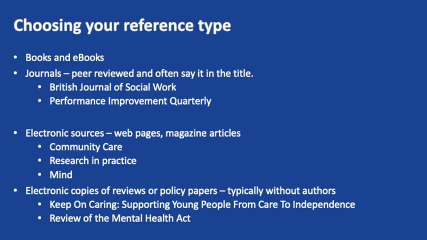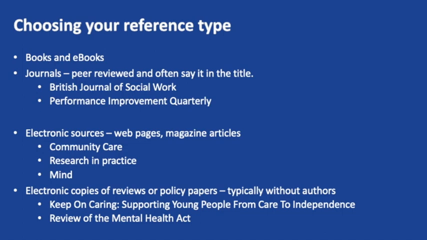Alternatively, you might find somewhere like Research in Practice, who will bring together a mixture of professionally written articles and research articles that have been peer reviewed and published elsewhere. So Research in Practice is one where there's a lot of good material, but you need to be critical in terms of what you're using, whether you use it as a gateway to look for the source documents or whether it's got the source documents there.